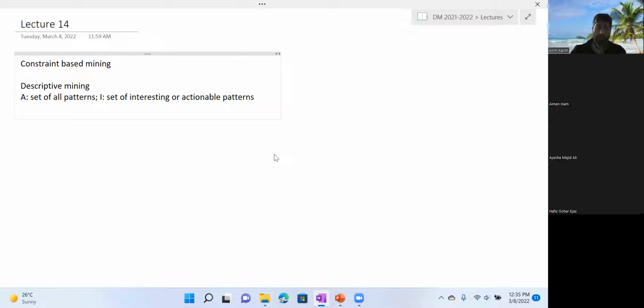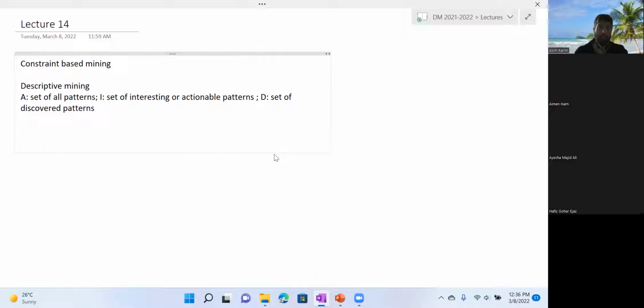And then let's say D is the set of discovered patterns. These are the patterns that are actually found by the algorithm or by the data mining process that you're following. So we have all possible item sets or patterns, we have the actionable or interesting patterns, and then we have the discovered patterns.